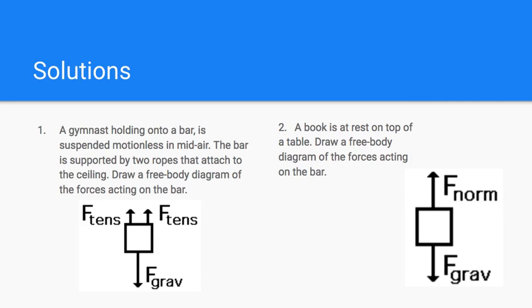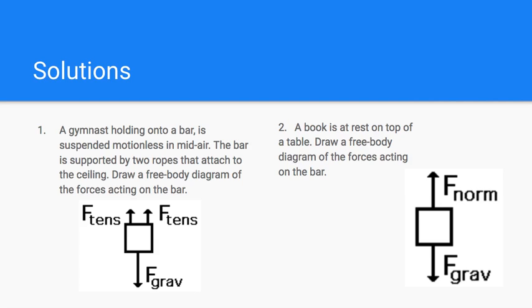It says the bar is supported by 2 ropes that attach to the ceiling, which means the tension force must pull upwards. It's pulling the bar upwards towards the ceiling, so we will draw 2 arrows pointing up. Friction will not be included in this diagram because the bar isn't sliding anywhere, and normal force will not be included because the bar is not on any surface that it would be trying to go through.